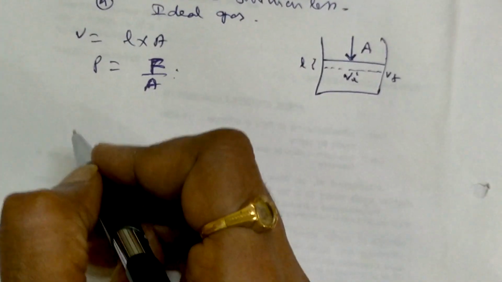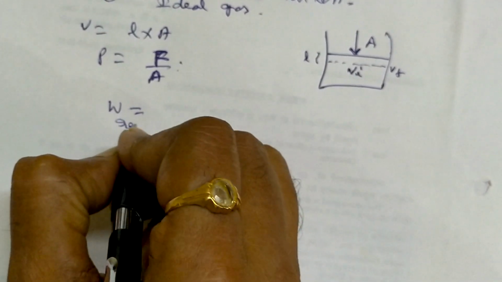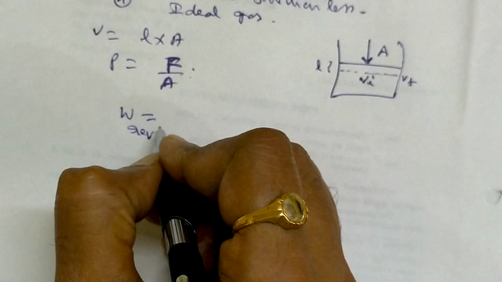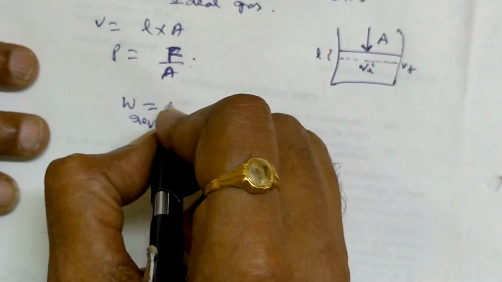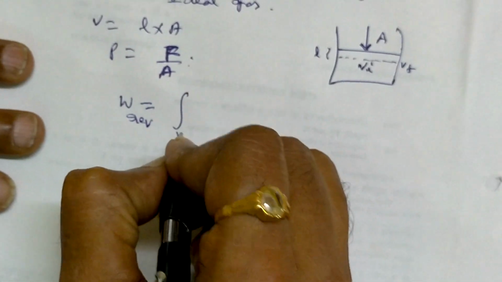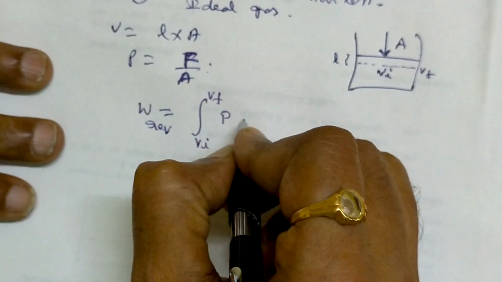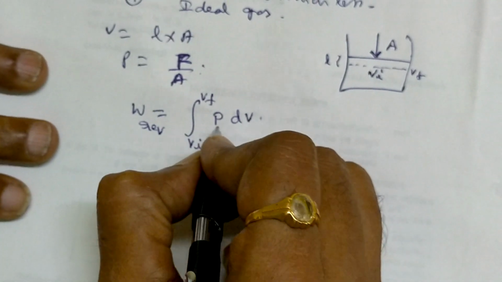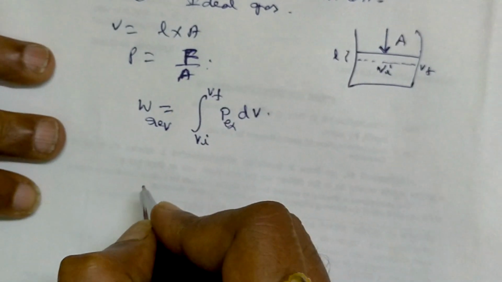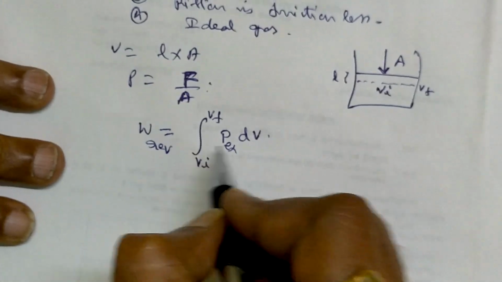Now, considering this, work done for reversible is the integral from V initial to V final of P dV. P is P external. Here I am considering a compression. So why am I taking the integral?